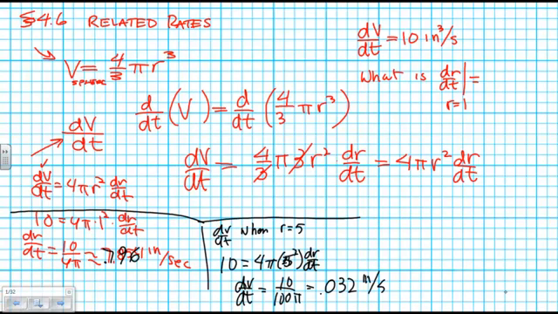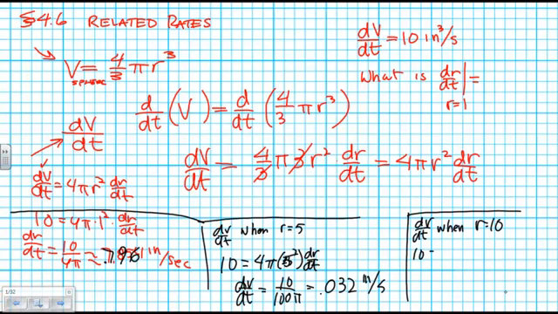Wait, so there at the very beginning, the radius is getting bigger at a rate of about 0.8 of an inch per second. But as the balloon gets bigger, the rate at which the radius changes is now much slower. 0.03, 3/100ths of an inch per second. And guess what happens if I had you do this problem one more time? A really big balloon. What is dr/dt when r is equal to 10?